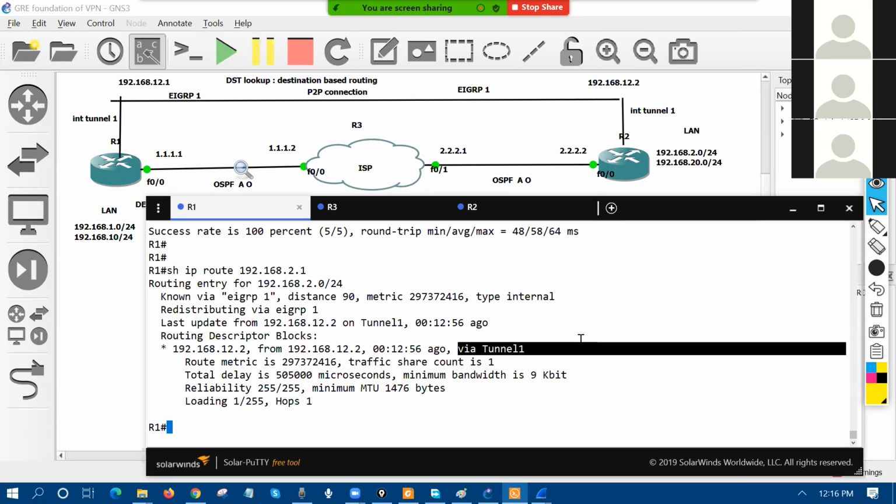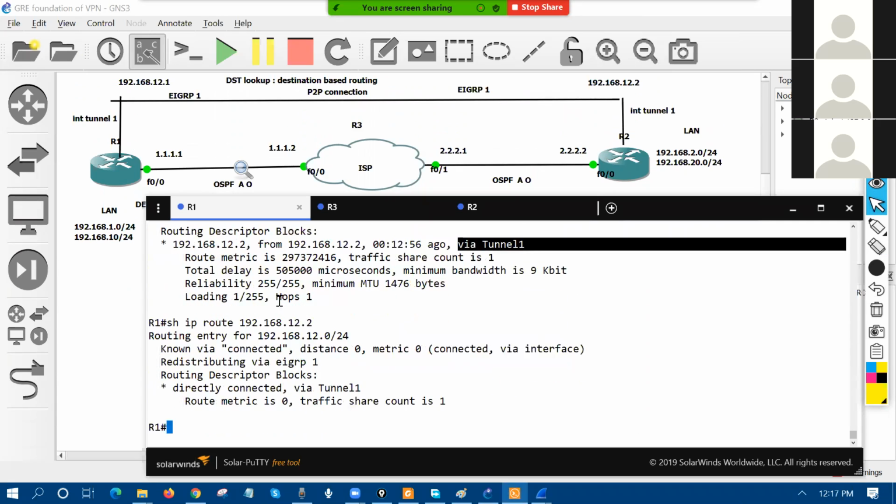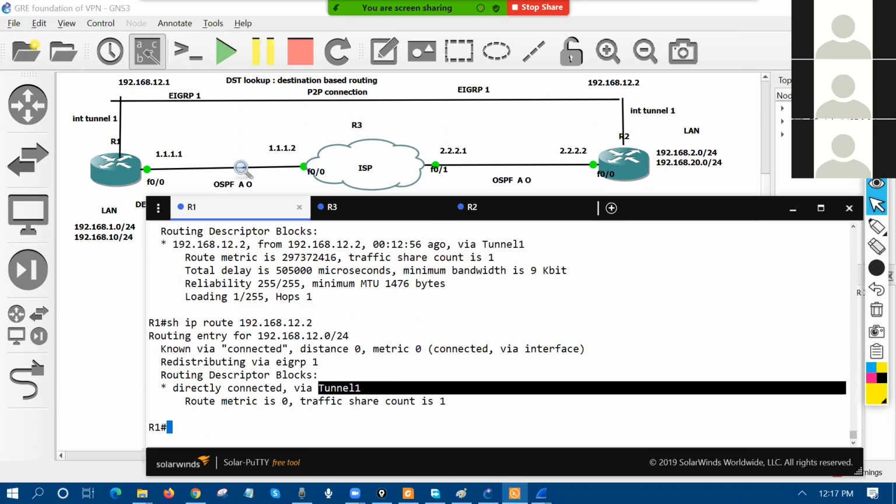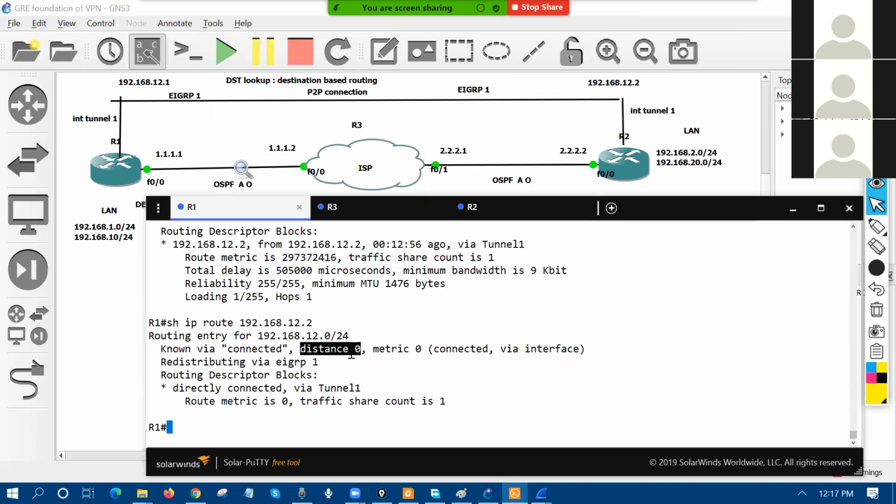Show IP route 192.168.12.2, when you do, sir? That's my directly connected, right? Tunnel. Okay. All good.